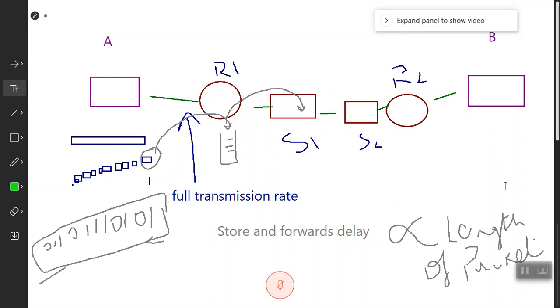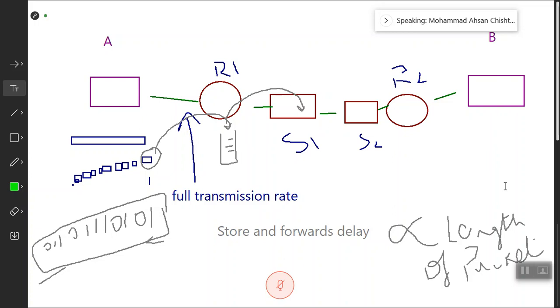So the bigger the packet, the more store and forward delay we have. You used in your previous class a ping that was of 32 bytes. Compare this with 65,500 bytes, the biggest packet that we may have. Obviously, it would be more.